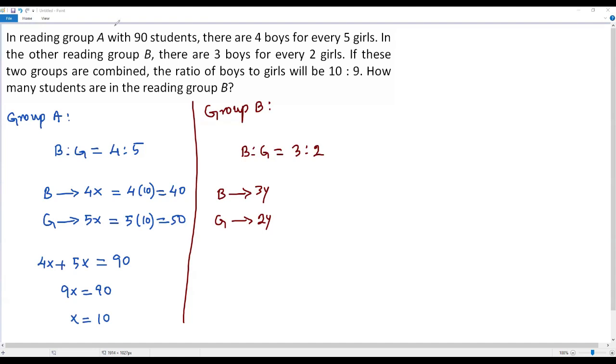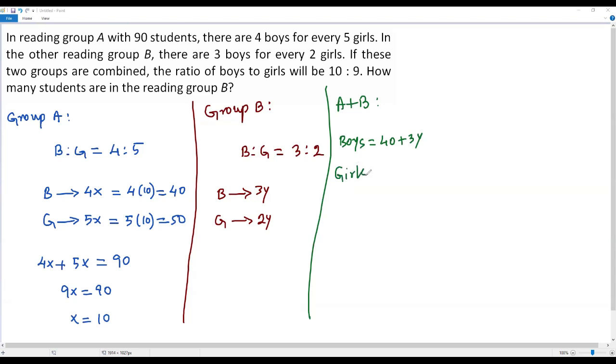Now, if the two groups are combined, what is the total number of boys? For that we add the number of boys in group A and the number of boys in group B. So the number of boys will be 40 + 3y.